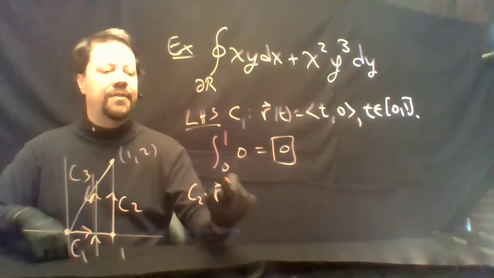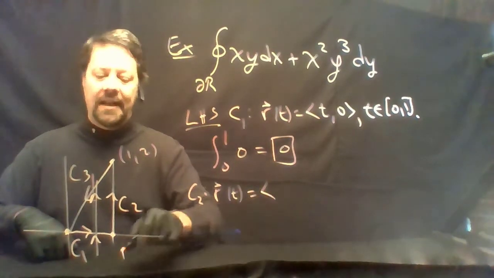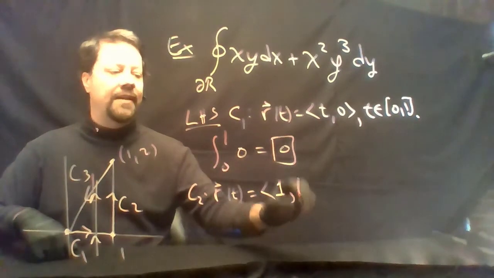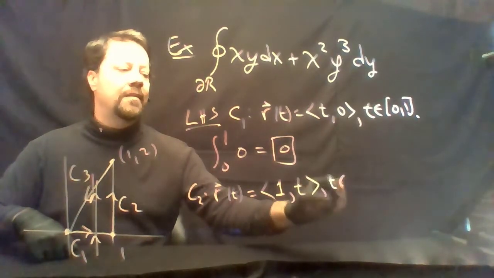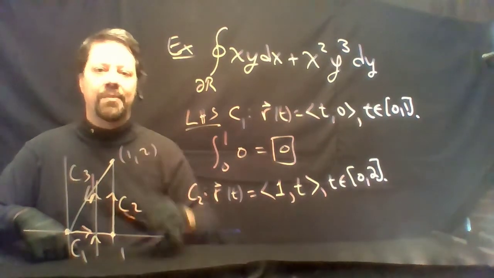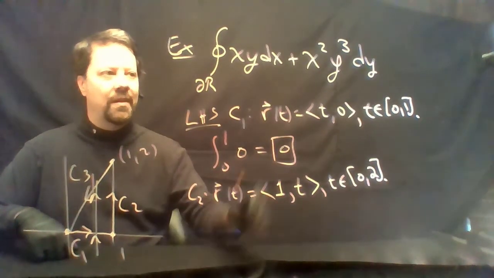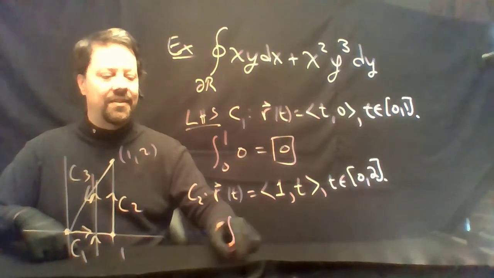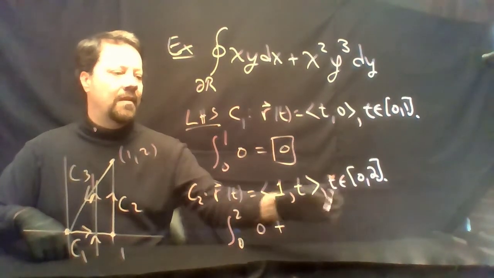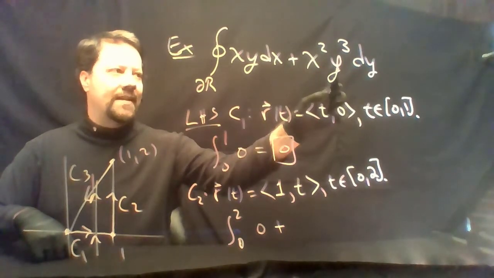On curve 2, the parameterization has x equal to 1. And y will vary as t, where t runs from 0 to 2, taking us all the way up to the point 1, 2. In this case, dx is 0. X is equal to 1. Y is equal to t.